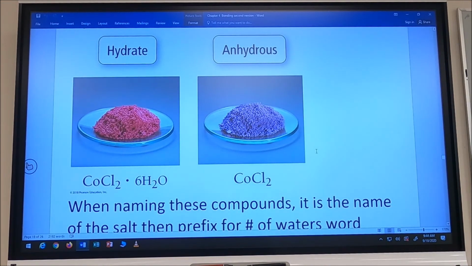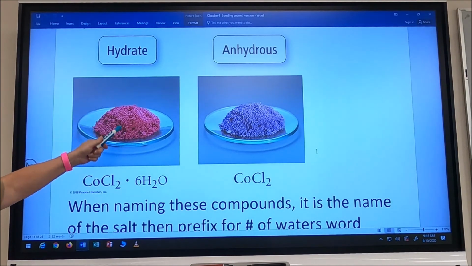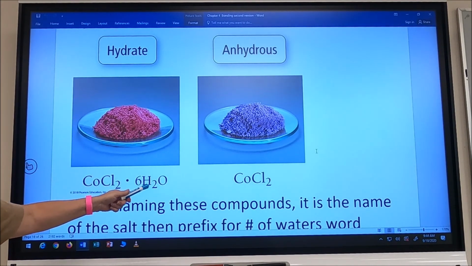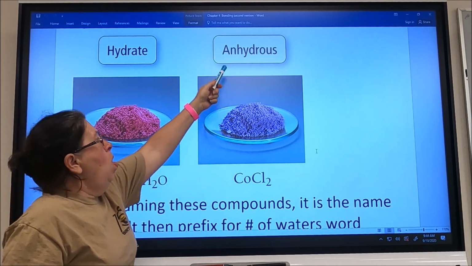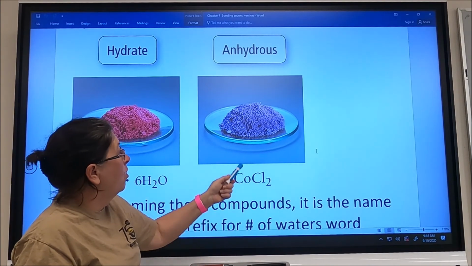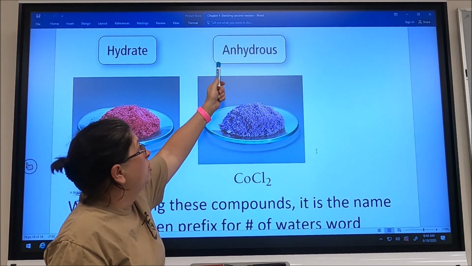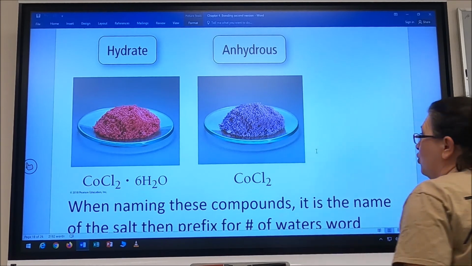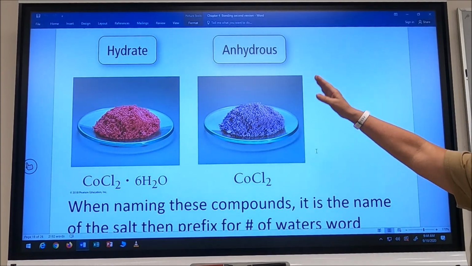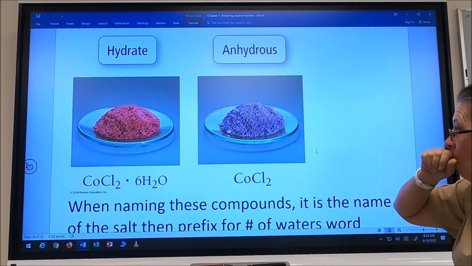Now, here is cobalt chloride as its hydrate, which has 6 waters, and cobalt chloride without its waters, called the anhydrous version. Hydrated with, anhydrous without.